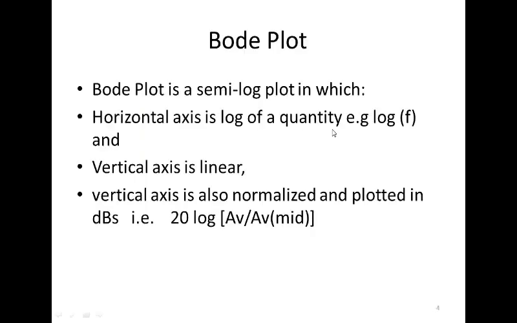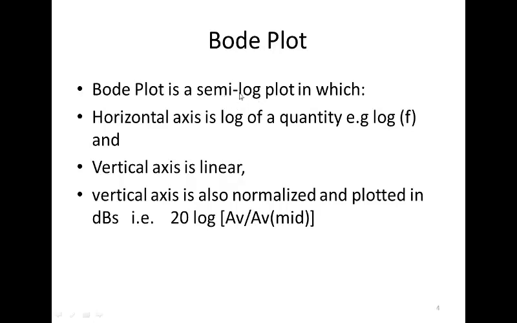So a Bode plot is a semi-log plot in which the horizontal axis is the log of a quantity, that is, log of f. F is plotted on the x-axis, and you take the log of the frequency, and the vertical axis is linear. So a Bode plot is a semi-log plot in which one axis is a log axis and the other is a linear axis.